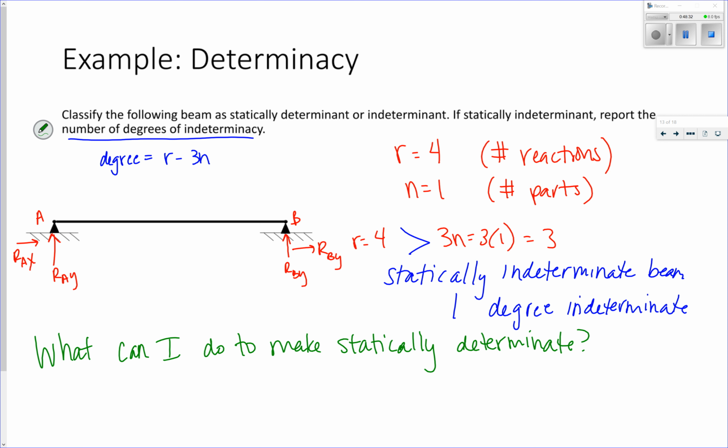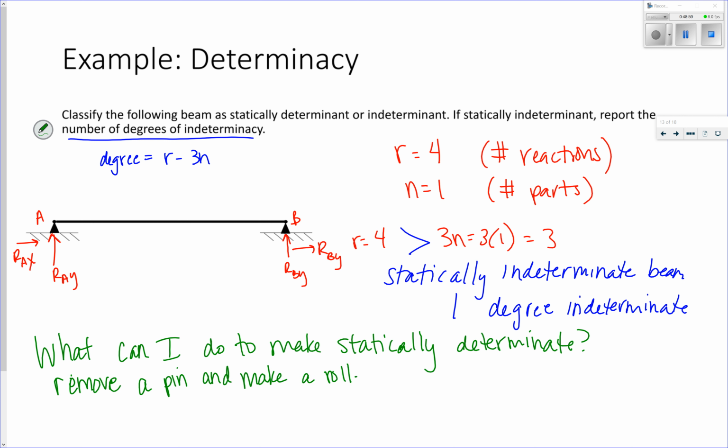So I could remove one of my pins. Remove a pin.